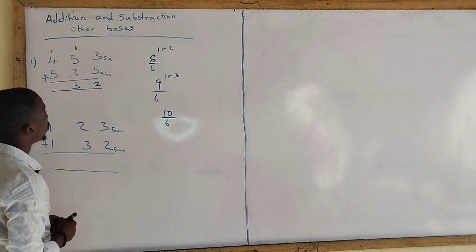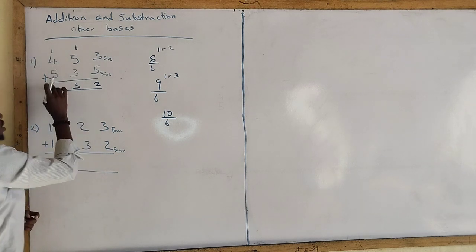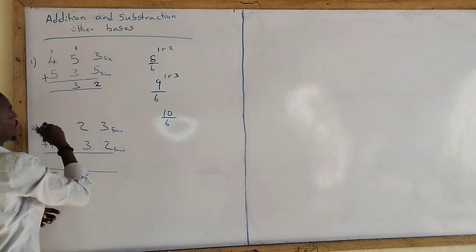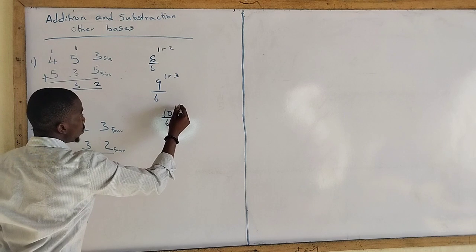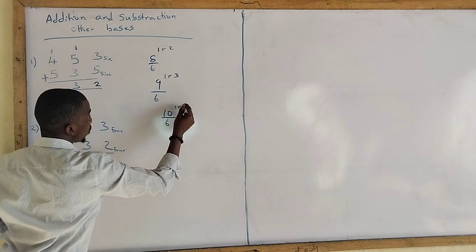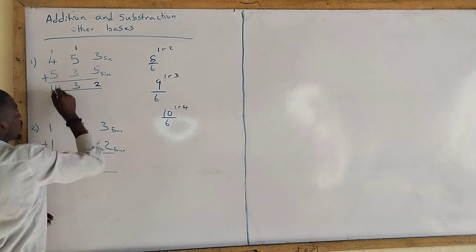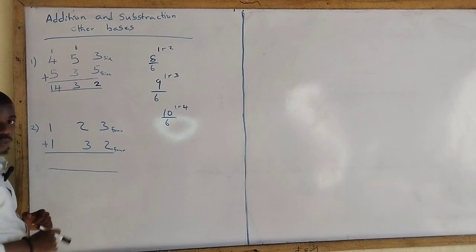Because this is the last place value, we just write it as 1 time remainder 4, we write it as 14. So we move to the next question.